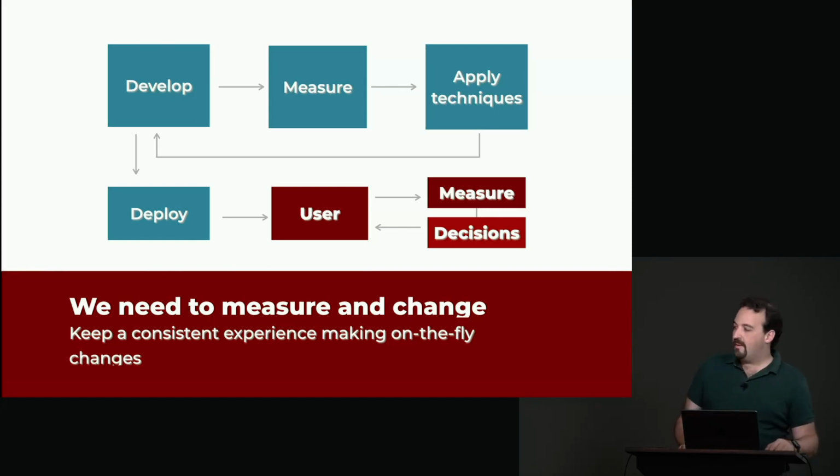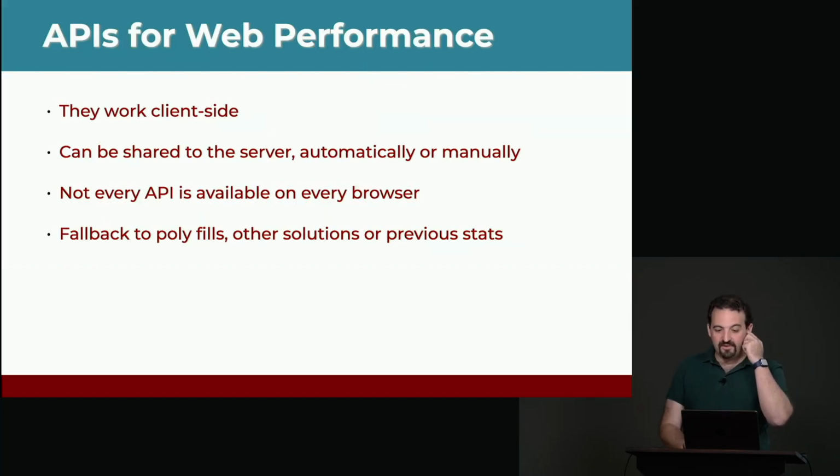And also, with those measurements, we can go back to apply techniques. We can gather real user metrics and make new decisions that will make changes to the code as well. So that's how your performance process should look. It's not just static performance, also dynamic performance on the fly.